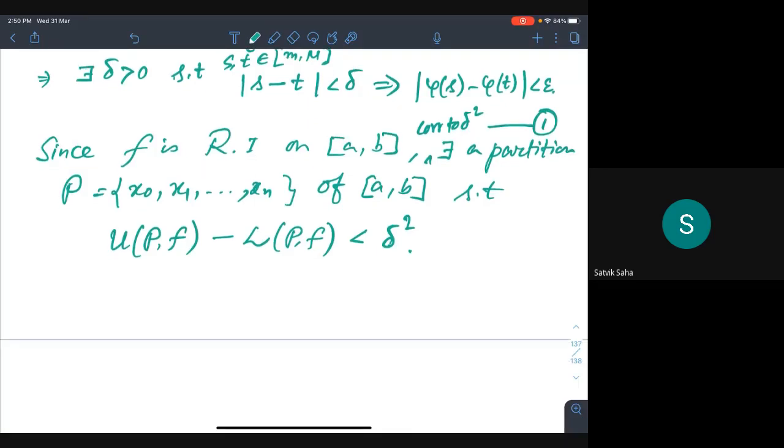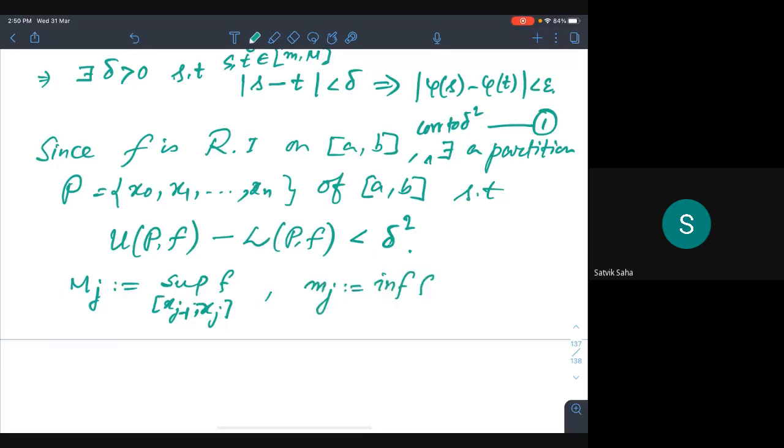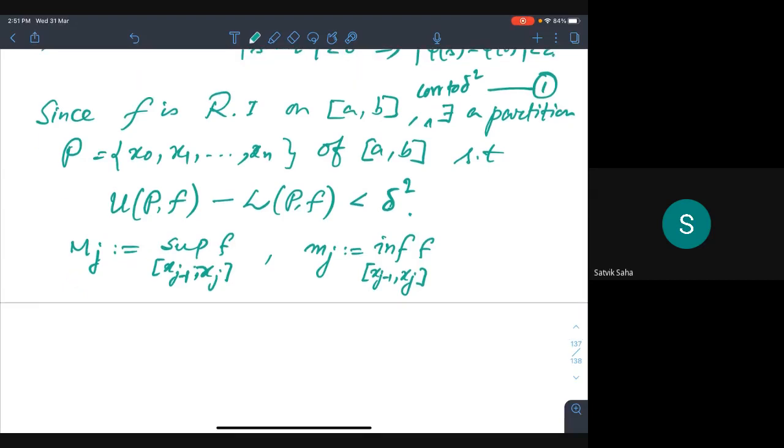So Mj is, as defined, the supremum of f over [x_{j-1}, x_j], and small mj is the infimum of f over [x_{j-1}, x_j], for j equal to 1 to n.